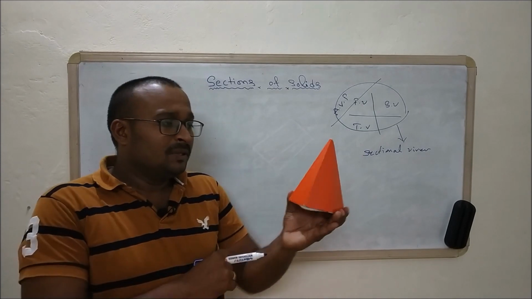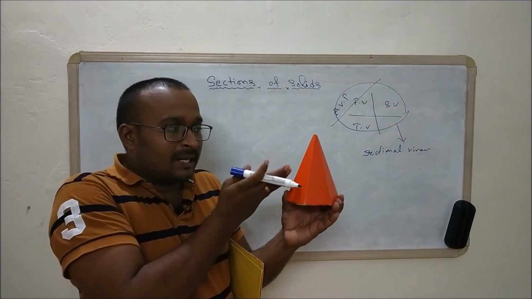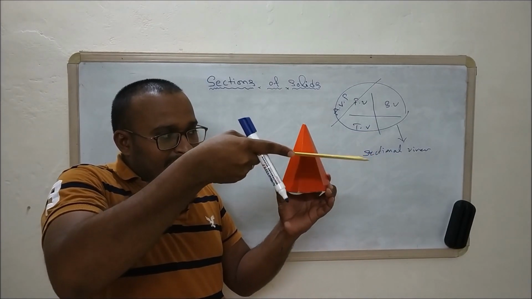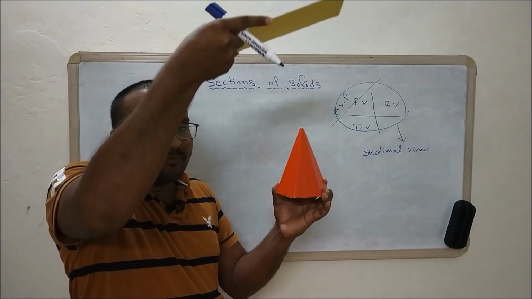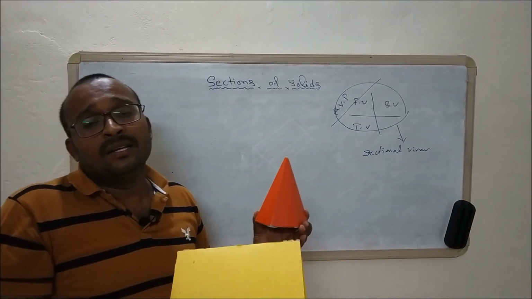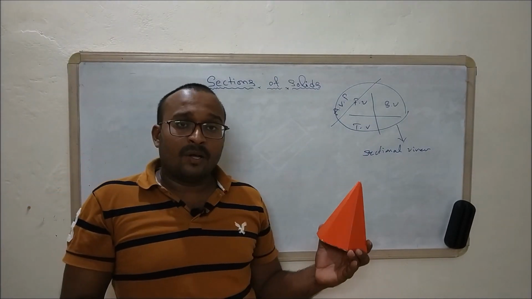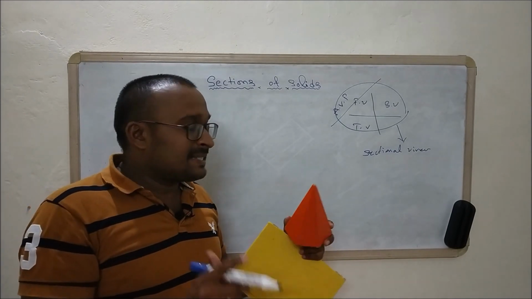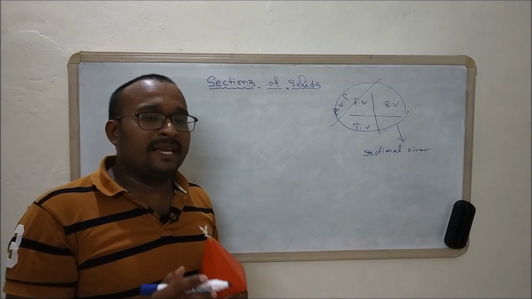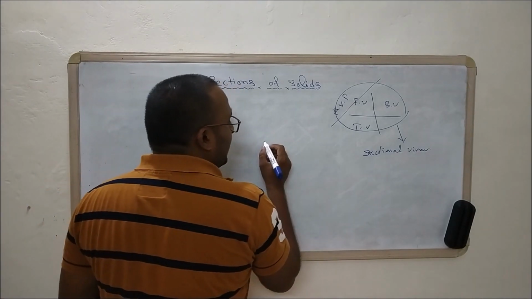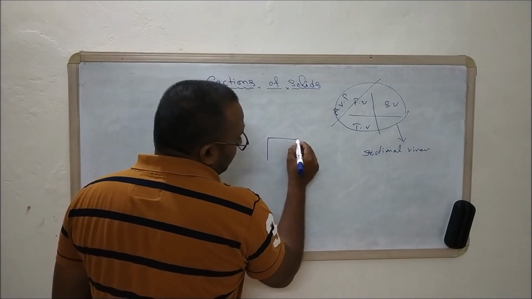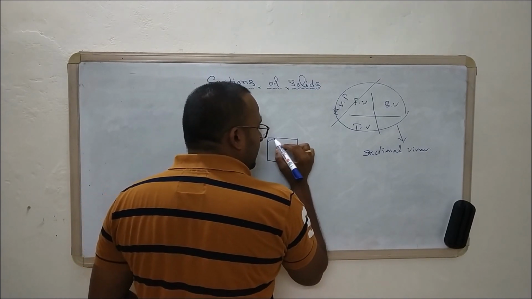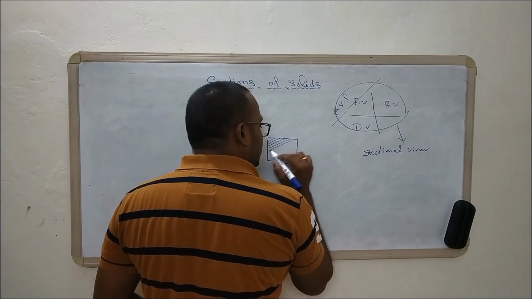At the same time, if it is cut by a section plane like this, then the top portion will be removed and the bottom portion will be used for getting the information. This sectioned portion will be represented by hatching lines. Say, for example, if you cut this particular portion, then it should be hatched.